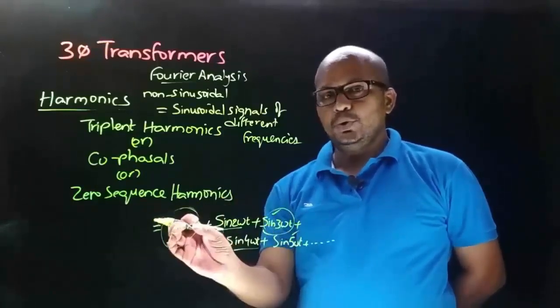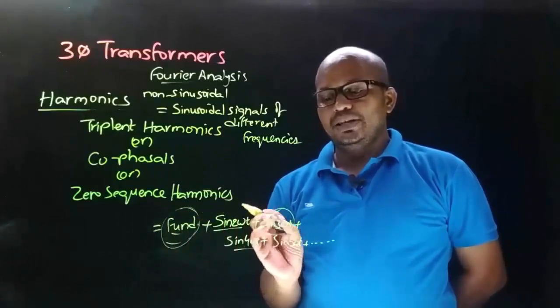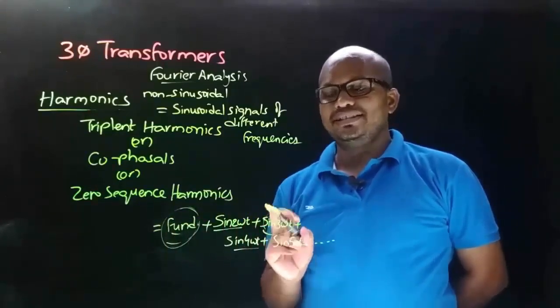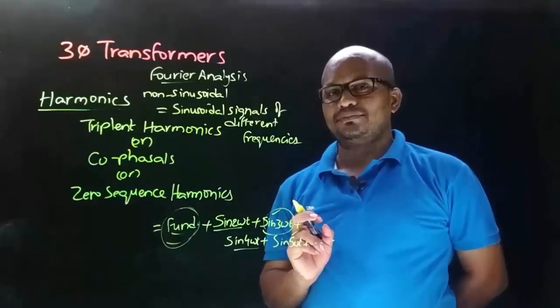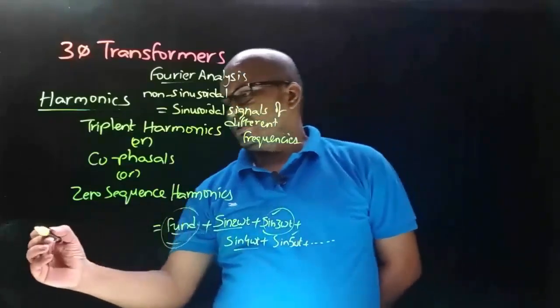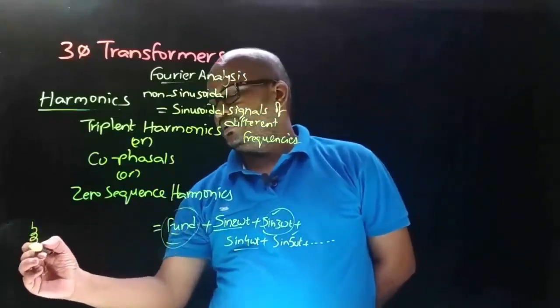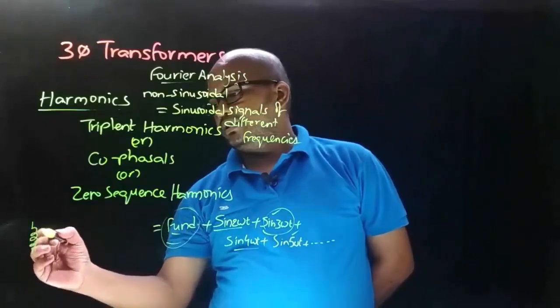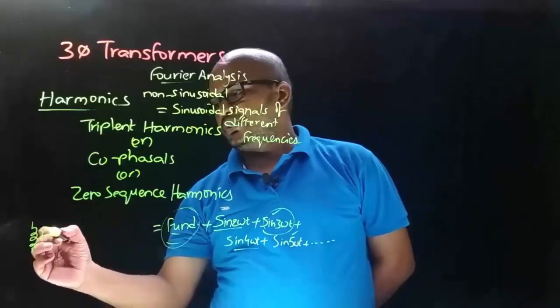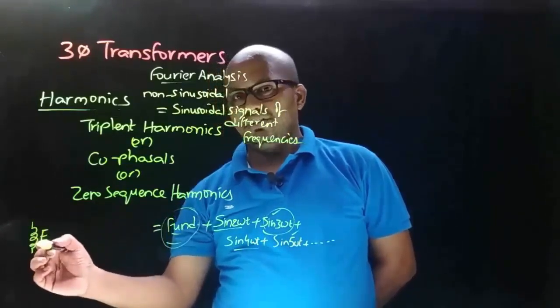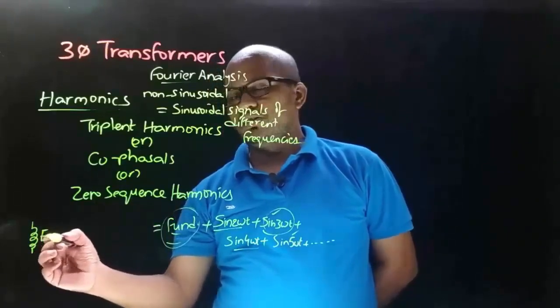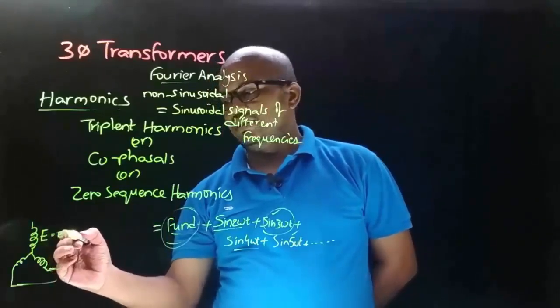So to get a pure sinusoidal signal, we have to eliminate these odd harmonics, especially triplen harmonics. Why? Suppose this is the induced EMF in the alternator.